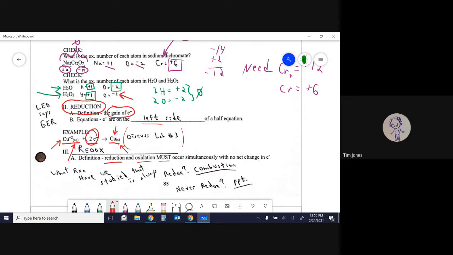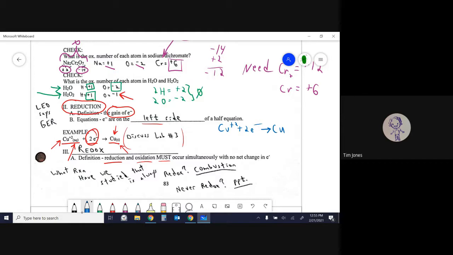So if I take that example earlier, we could combine the 2 and we could say this half is gaining.